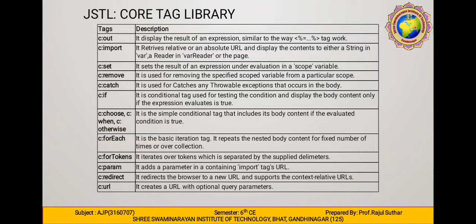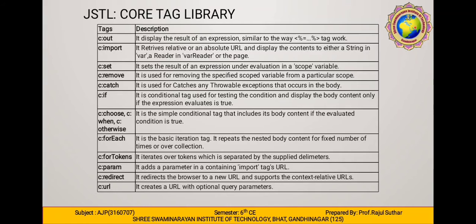Then for loops, forTokens is one different parameter, and redirect as well as url. This is a useful description regarding the particular tag. It is useful if you are using choose, c:when or c:otherwise, so it is generally required for conditions.